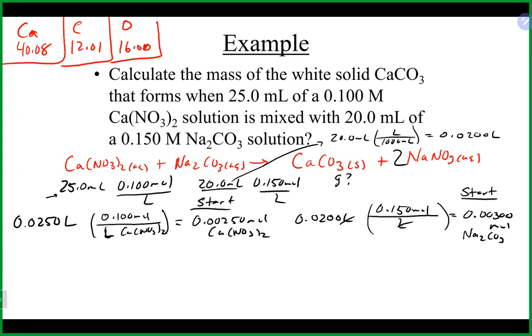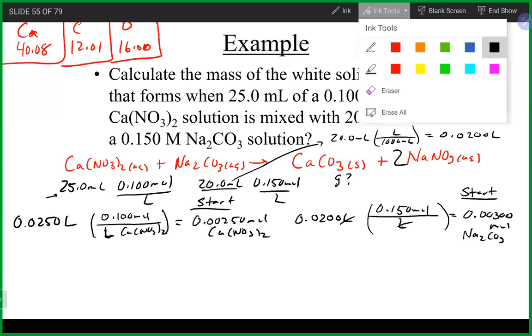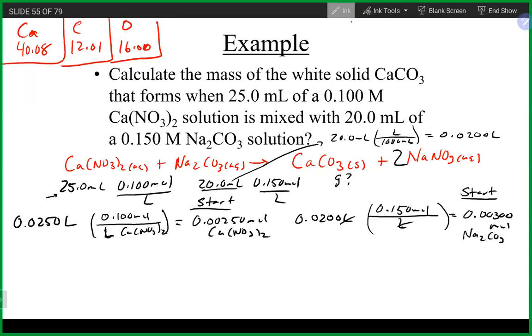And we talked about a couple different ways you can figure out the limiting reagent, but you do need to do the calculation. So what I'm going to figure out is if I want to use up all my calcium nitrate, how many moles of the sodium carbonate I would need to put in there. So this is my calculation to figure out the limiting reagent.